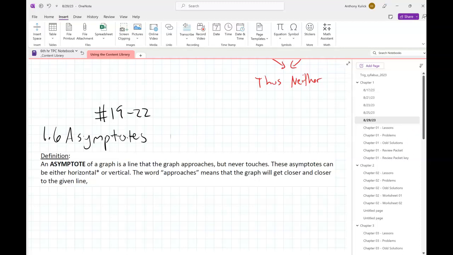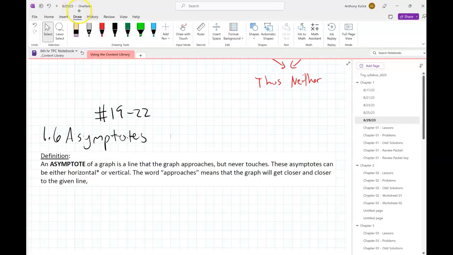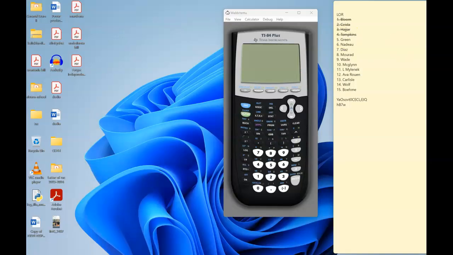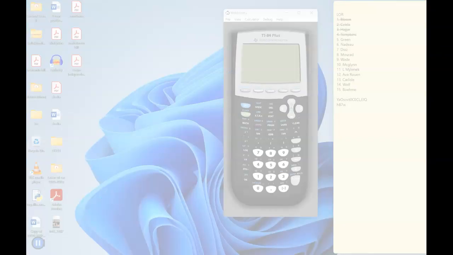Notice that I have this little asterisk here on the word horizontal. That's because we're going to be a little bit more flexible with what we call a horizontal asymptote.